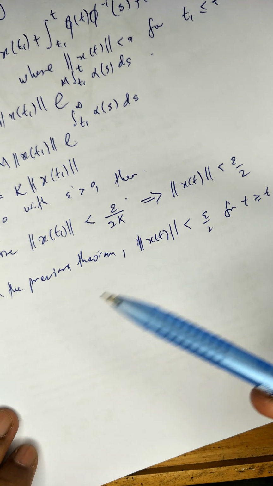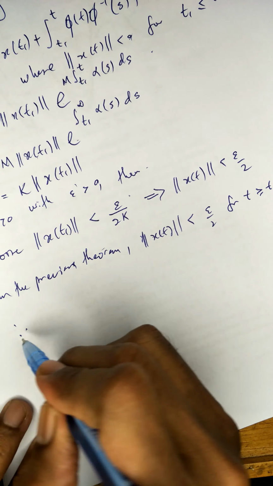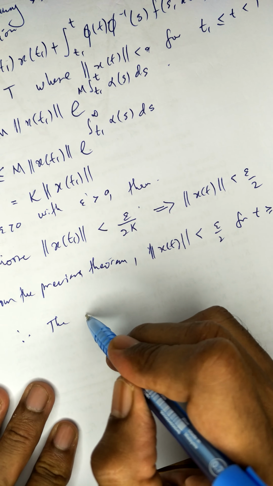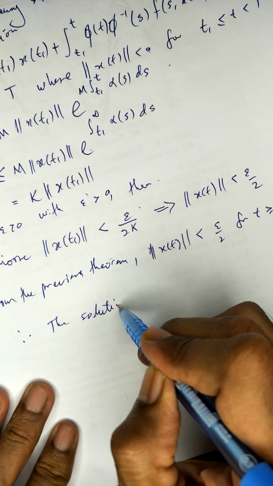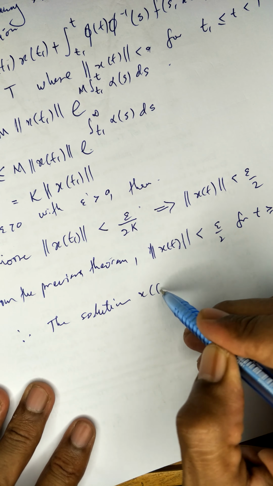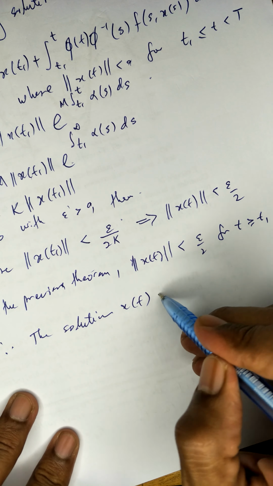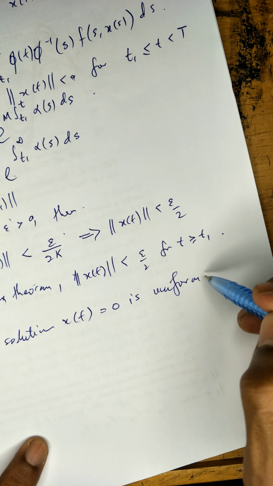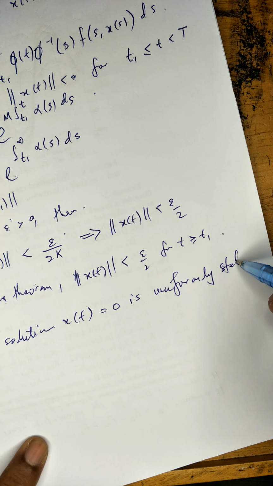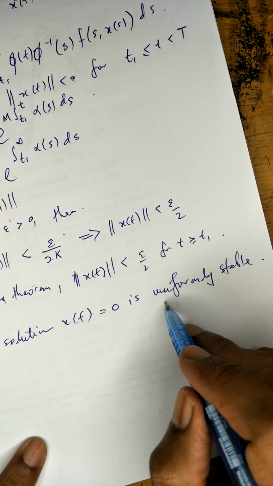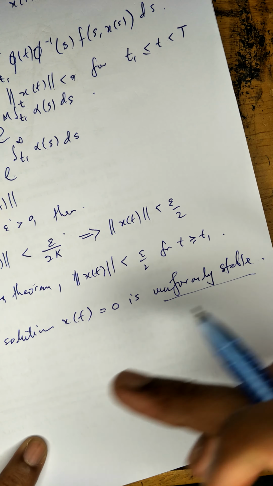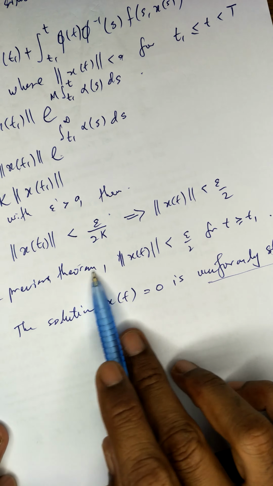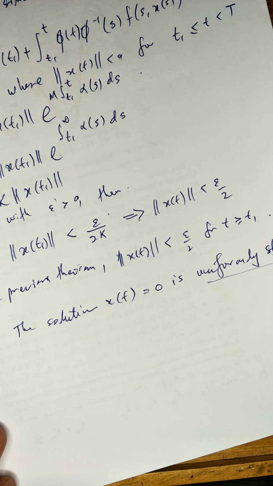So therefore, if we combine those things, the solution x(t) = 0 is uniformly stable. Remember that uniformly stable means we want to show the norm of the solution is less than epsilon. So we have shown that from there, this is less than epsilon.